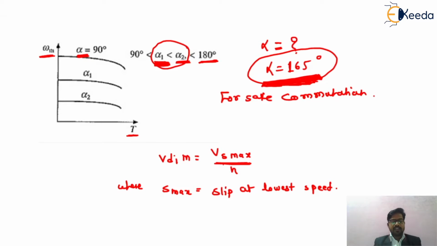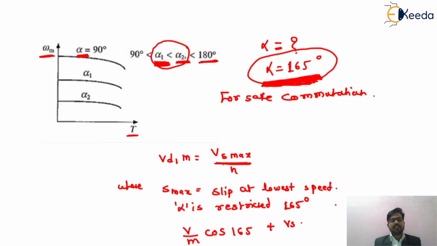Obviously in concern with that, as we know, alpha is restricted to 165 degree. So we get one important equation in concern with VD2M: VD2M cos alpha, that is cos 165 degree, is equal to minus Vs max divided by N. Why are we taking 165 degree?